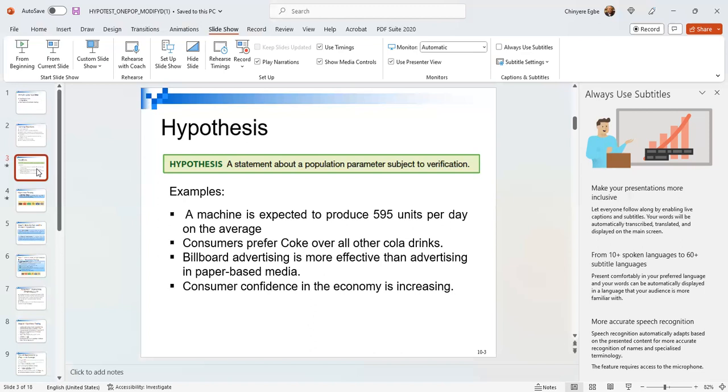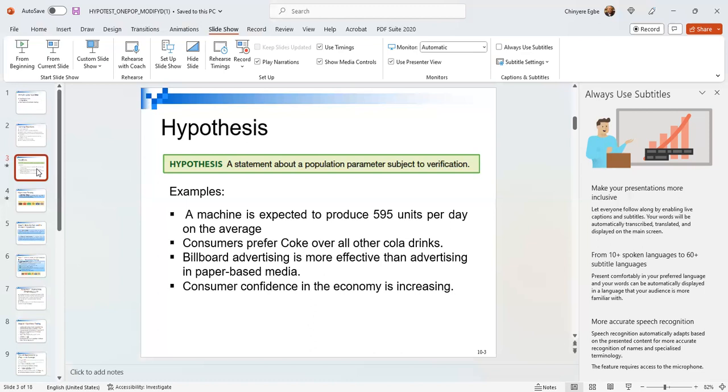And you could be doing it for a number of reasons. One, you want to ask yourself, are the production guys using this machine, are they doing their job? You could also do it to ask yourself, is this machine functioning properly?